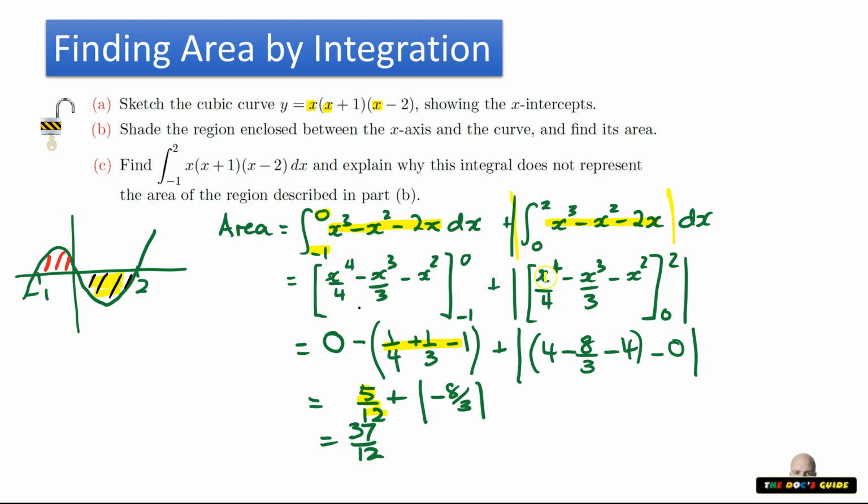For the area under the curve, obviously the primitive is the same, and our limits are 0 and 2. When we put the 2 in, we get this, which is a negative. When we put the 0 in, we get that. So this is negative 8 on 3. We'll take the absolute value of that to get plus 8 on 3. So altogether, our area is 37 on 12.